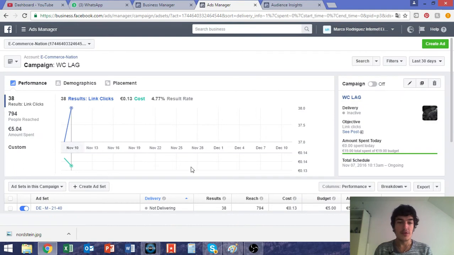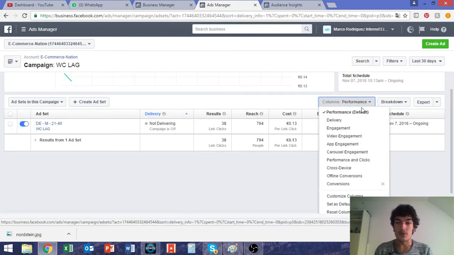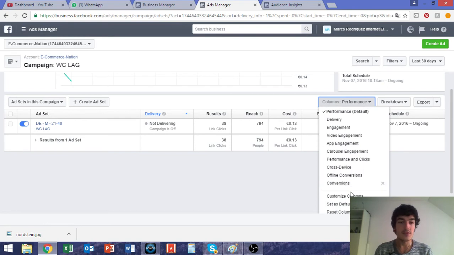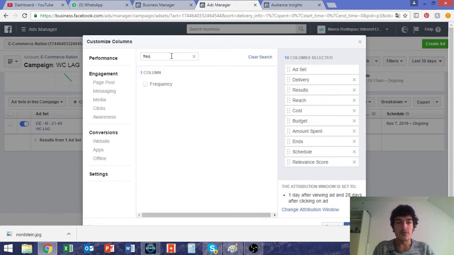I will show you here. I'm not sure whether the frequency makes any sense in this ad, but let's go for the customized columns and search for frequency.